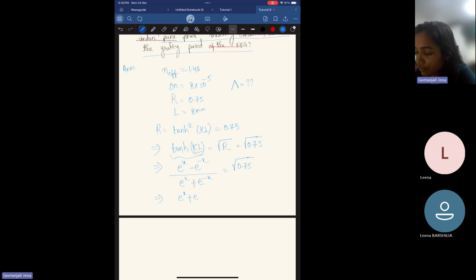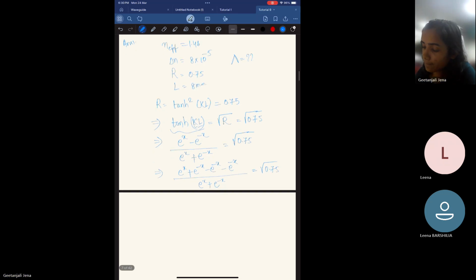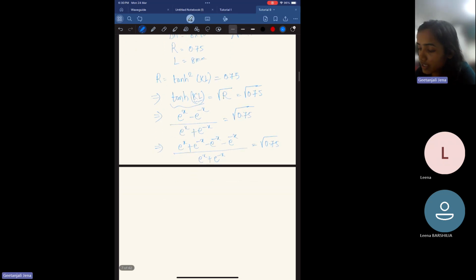If you add e to the minus x and subtract e to the minus x, this won't change the result. Now this by this will give 1, and there is 2 e to the power minus x divided by e to the power x plus e to the power minus x.